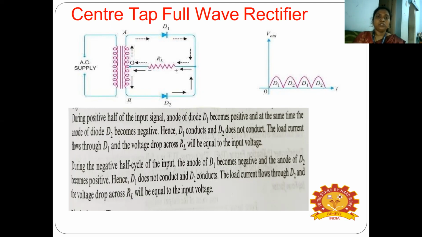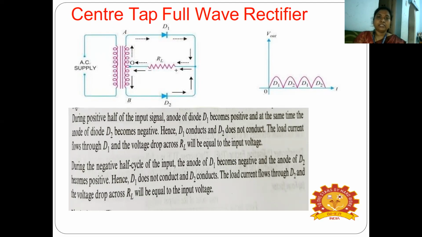When you come to the operation, during the positive half of the input signal, the anode of the diode D1 becomes positive, and at the same time the anode of the diode D2 becomes negative. Because you are going to separate the positive and negative signals. So at the positive half of the input signal, the anode of D1 becomes positive, and D2 becomes negative.